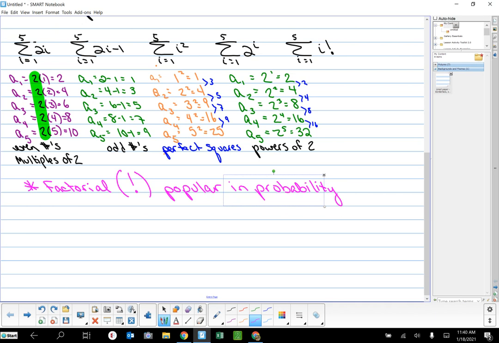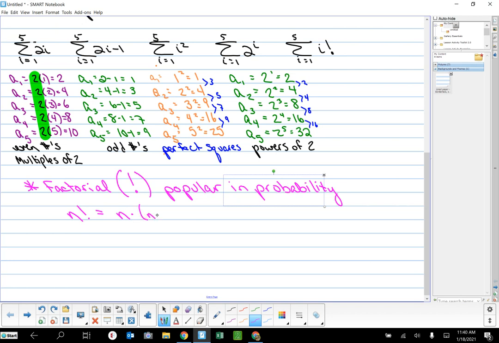And here's the definition. If you have, let's say, an n factorial, this means you start at n and you multiply by every number less than that.